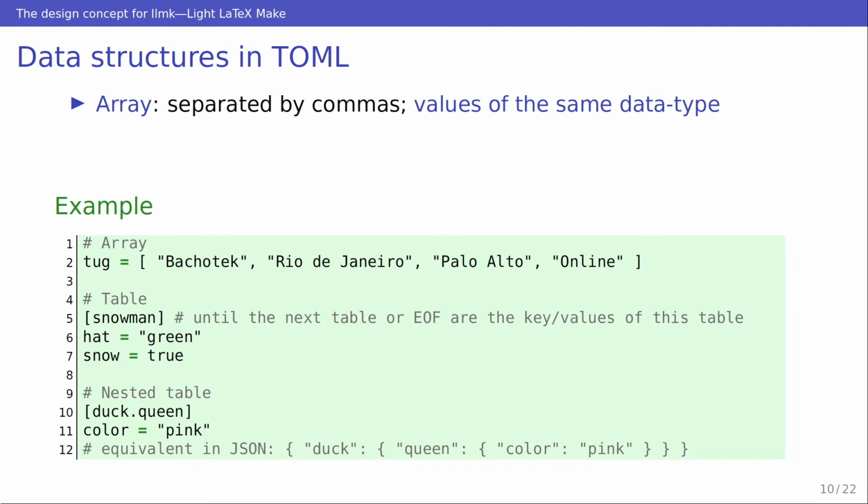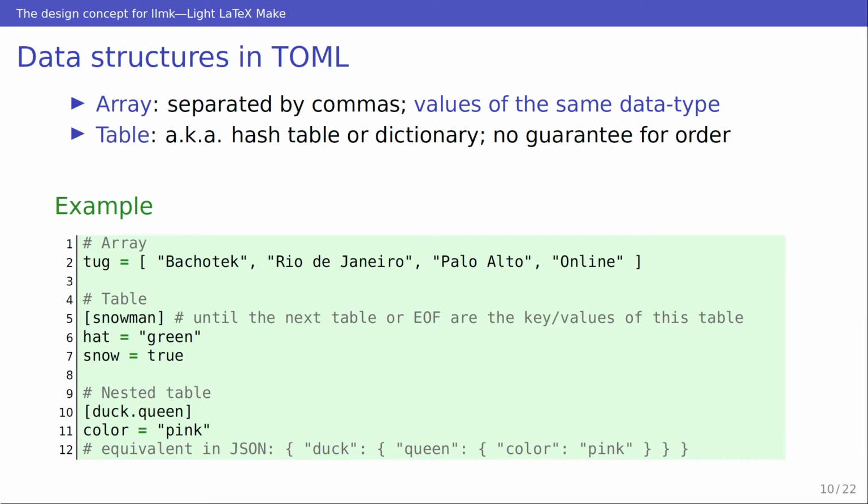The example is shown in the second line of the example TOML. It shows the places which held the TeX conference from 2017: Bacotech, Rio, Palo Alto, and this time online. That is an example.